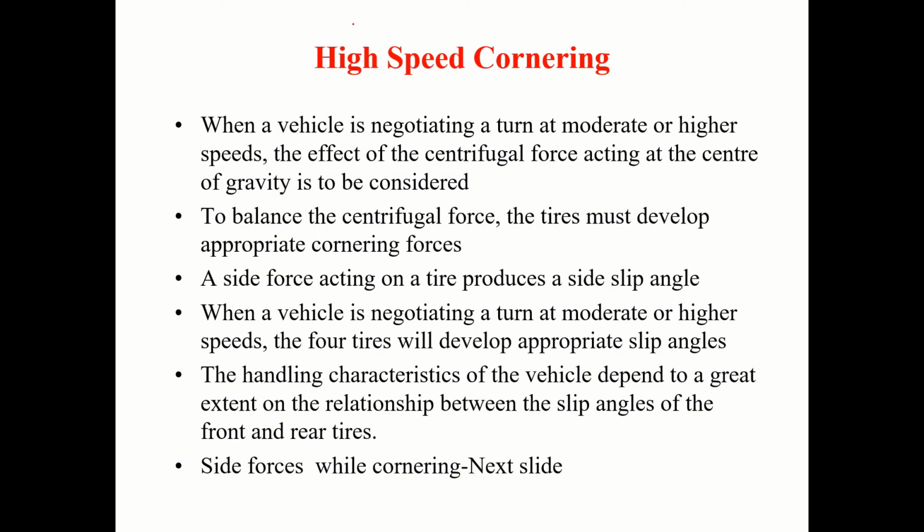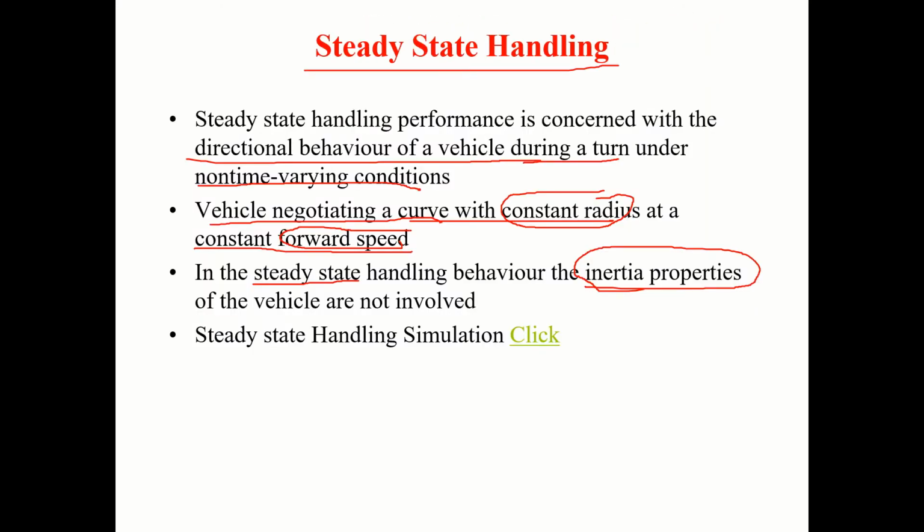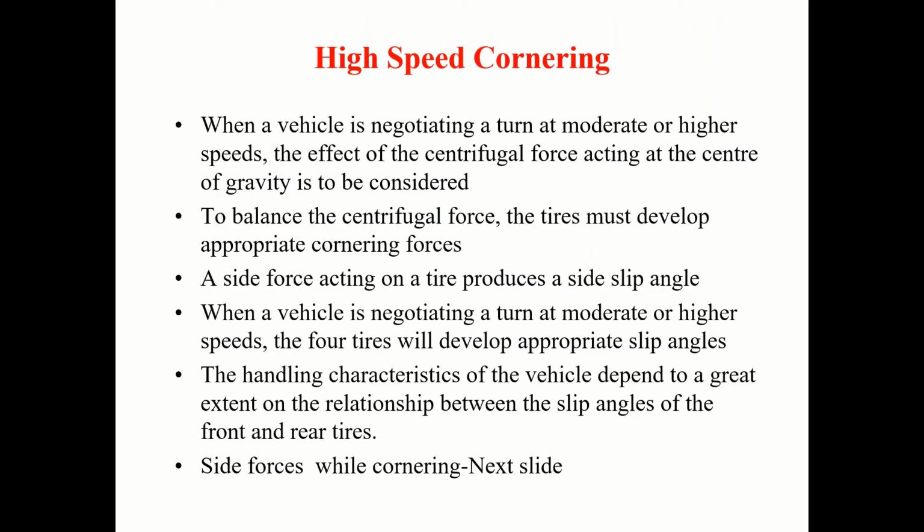So I mentioned high speed cornering and low speed cornering, and the problem associated with low speed cornering, that is off tracking. Now let us talk about high speed cornering. Means to say, we will consider centrifugal force. Earlier we had ignored centrifugal force.